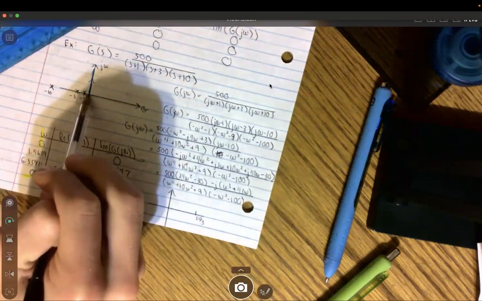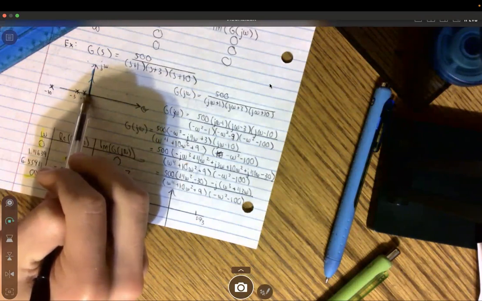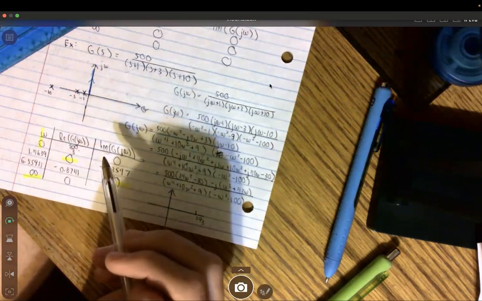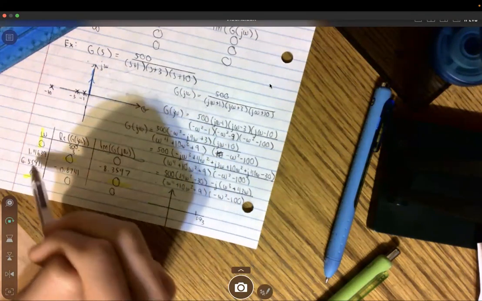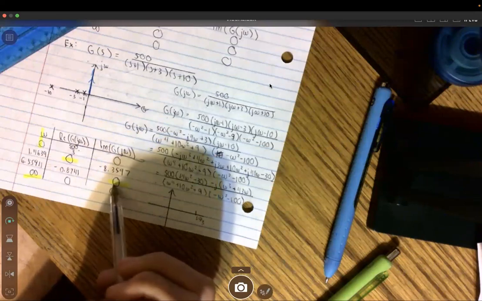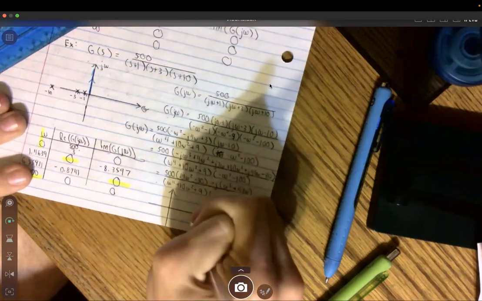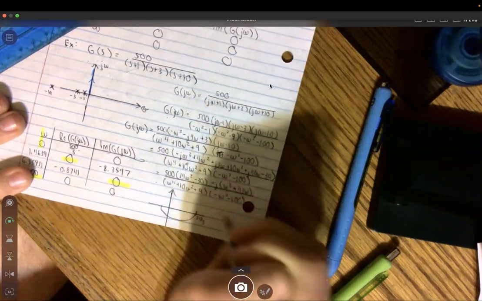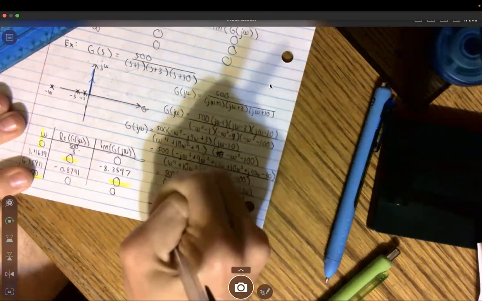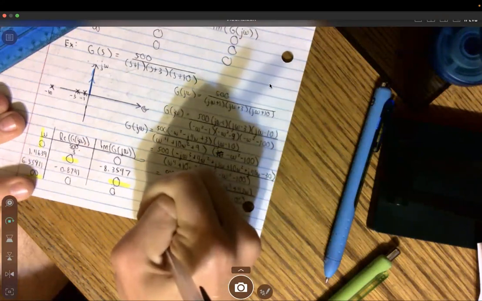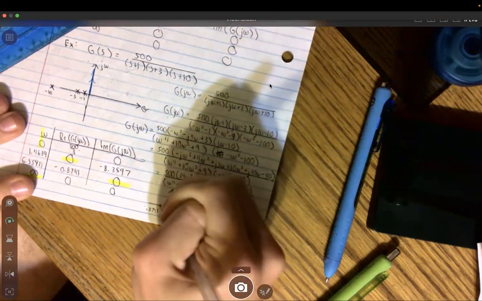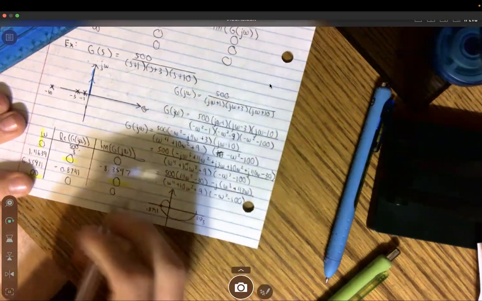And when we're going up, in order to reach our point, which is when our real part is negative 0.8, this would be once we hit this point when our imaginary part is 0. It's going to go here because we're going to hit that negative 0.8741, and then we're going to hit when both of them are 0.